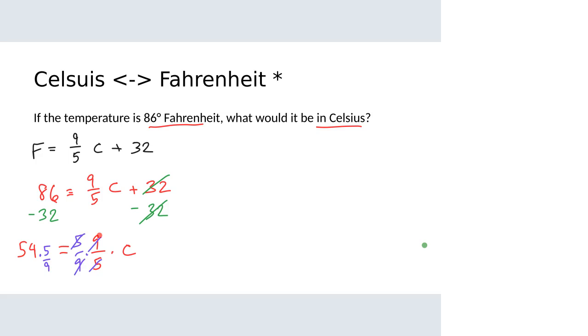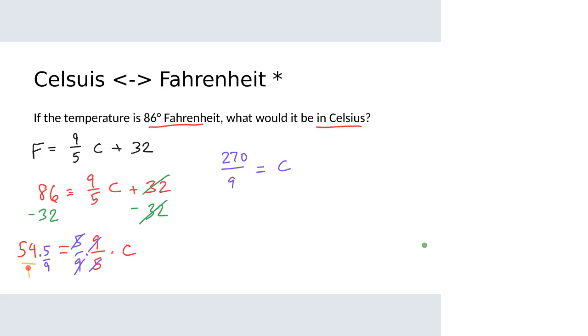That was our goal. That was what we were trying to accomplish there. On the left-hand side, I have 54 times 5/9. In order to do that, we can start by multiplying 54 times 5. And now I've got 270 over 9 is equal to c. Let me back up one second here. We're multiplying those fractions together, so I can rewrite 54 as 54 over 1.